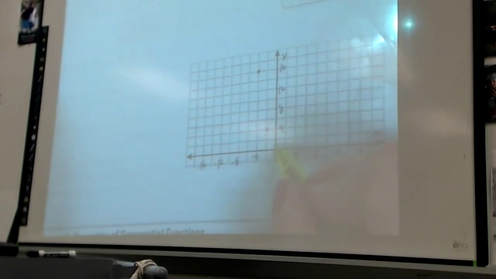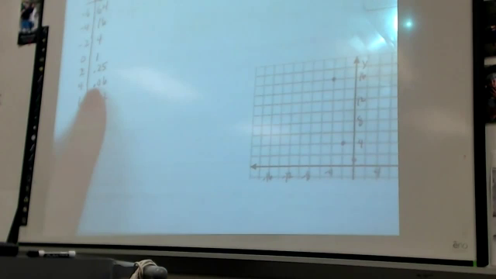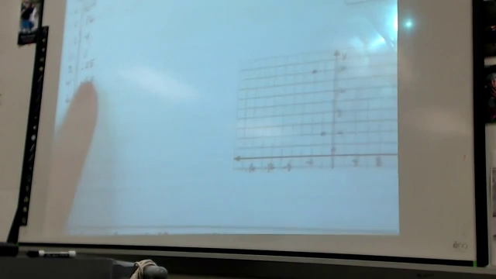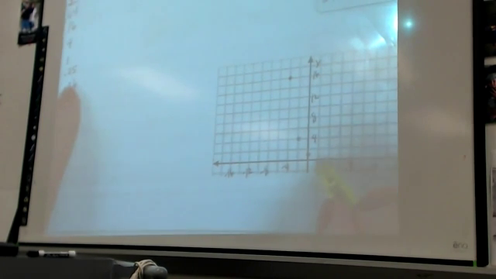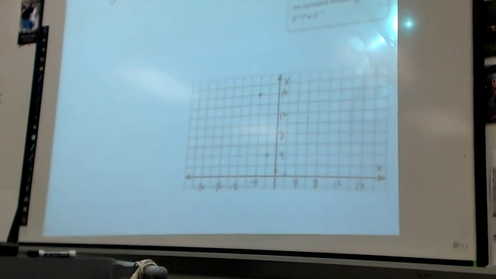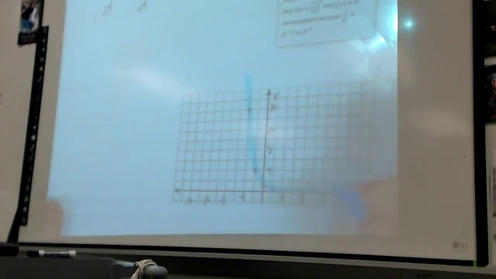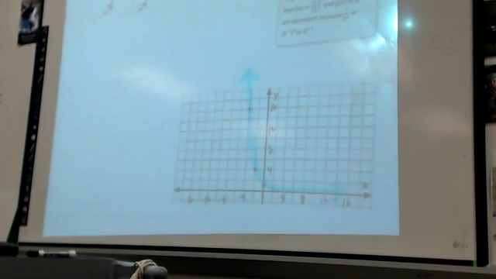Or 0, 1. And then 2, 0.25. And then from there, it just gets closer and closer to 0.